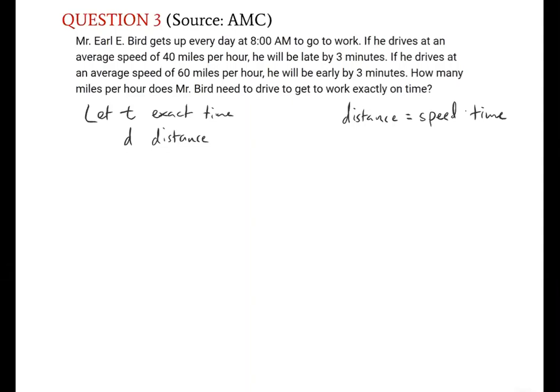So for this first statement, if he drives at an average speed of 40, he will be late by 3 minutes. So his speed is 40 miles per hour, and his time will be t, his exact time, plus 3 minutes. 3 minutes is also equal to 1/20th of an hour.